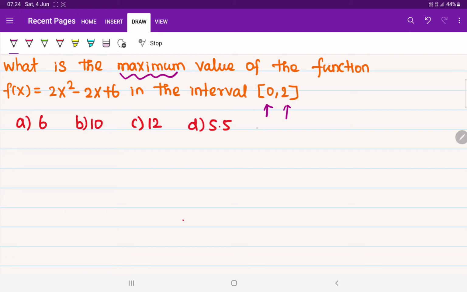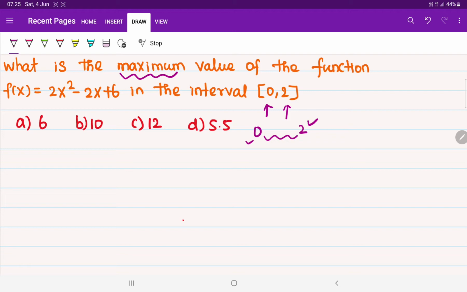So you can consider the value 0, then all the values between 0 and 2, and go up to 2, including the value of the starting point and the ending point. The starting point is 0, the ending point is 2.